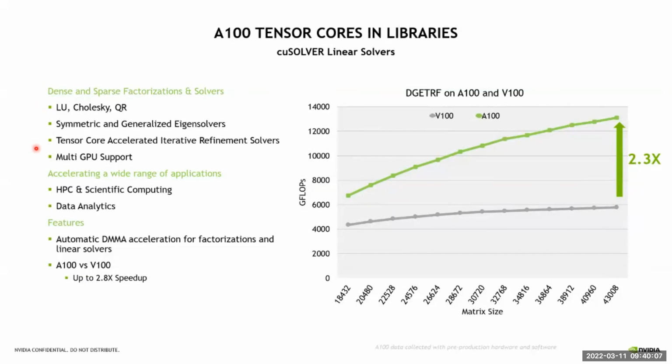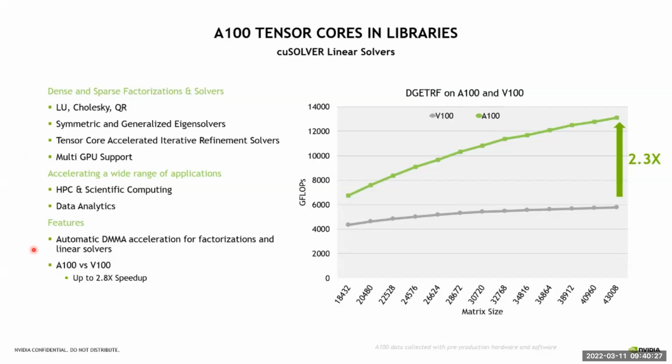This is a very well-studied and well-understood technique to speed up your calculations by using the faster, lower precision in parts of the algorithm that are not as sensitive to precision. And so this technique is used in a variety of domains, in particular HPC and scientific computing.